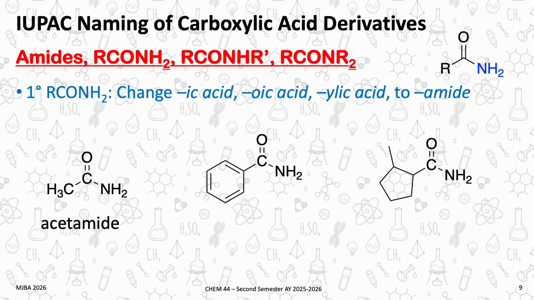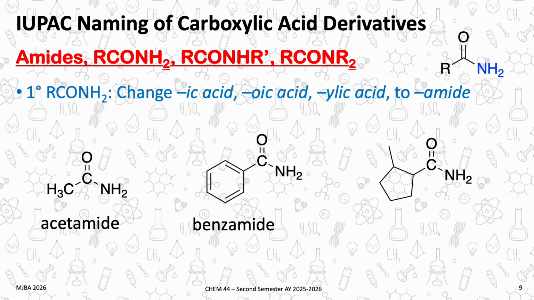Here, this is benzoic acid. Drop the -oic acid, add amide, it becomes benzamide. For this one, this is actually a cyclopentane carboxylic acid and it is substituted. The position of the amide group is position 1.